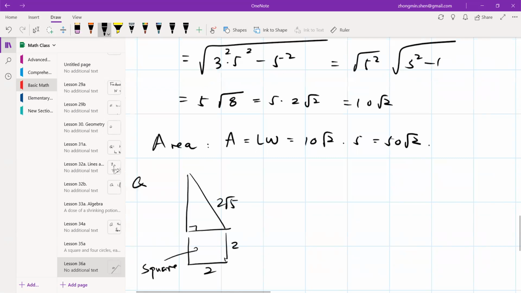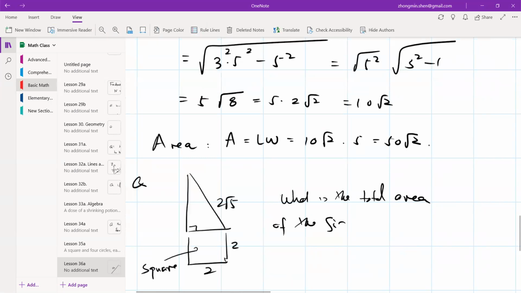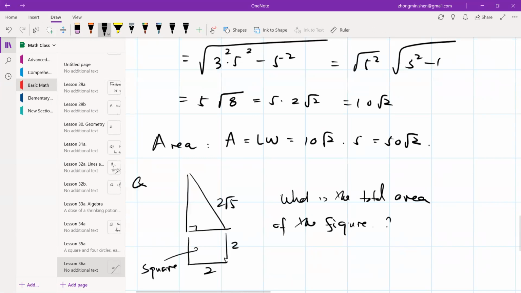So my question is, what is the total area? Area of the figure. Okay, can you see that? So please look up this.